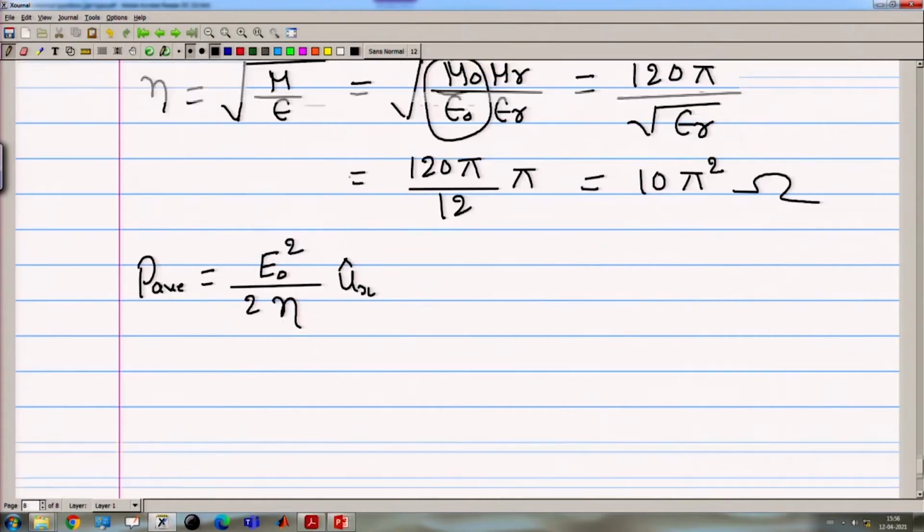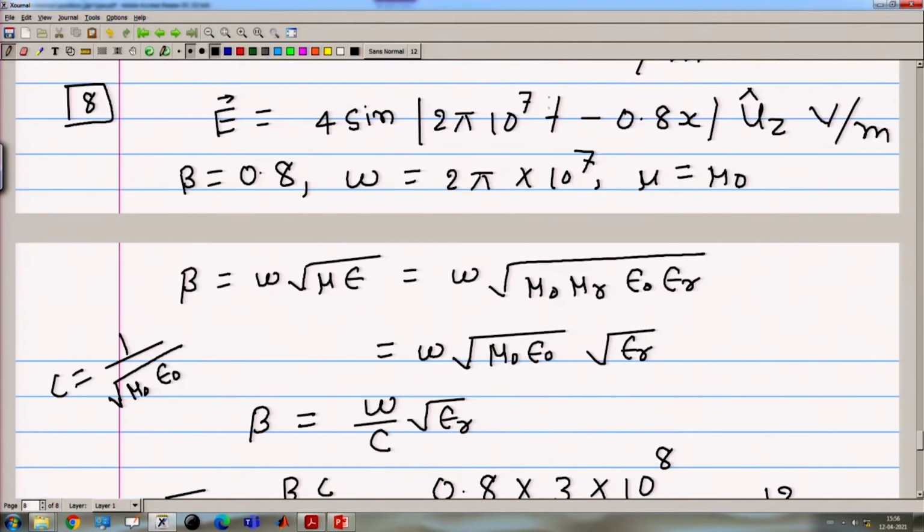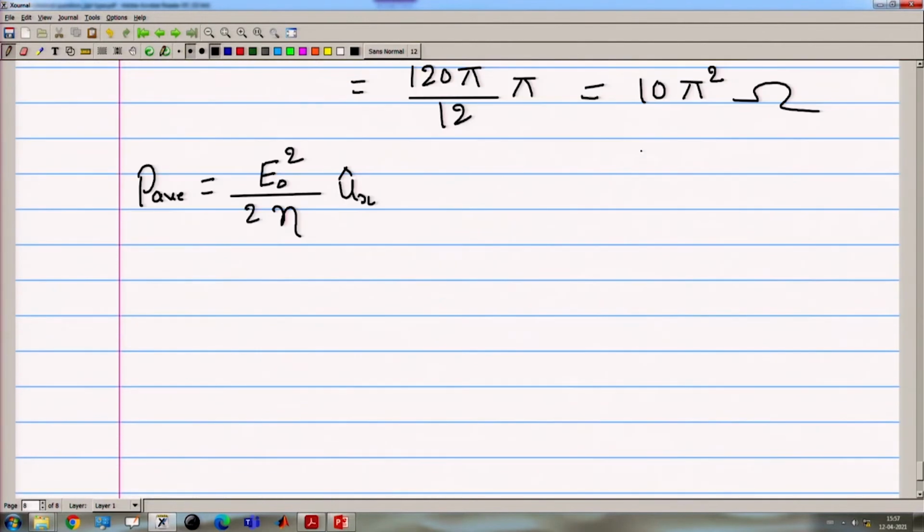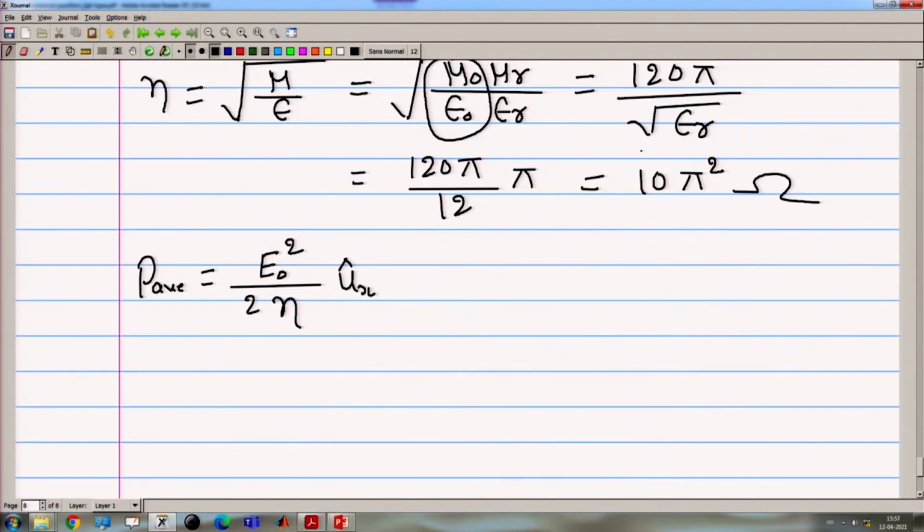So, we can see that here it is sin(omega t minus beta x), so the wave is going in the x direction. So, power is carried out in the x direction, that is why it is in the x direction.